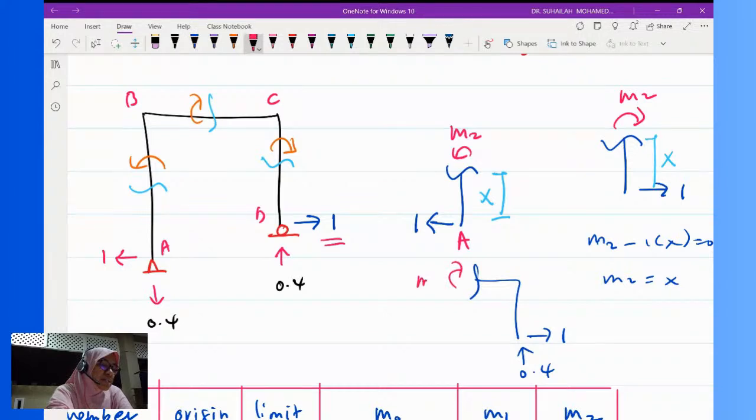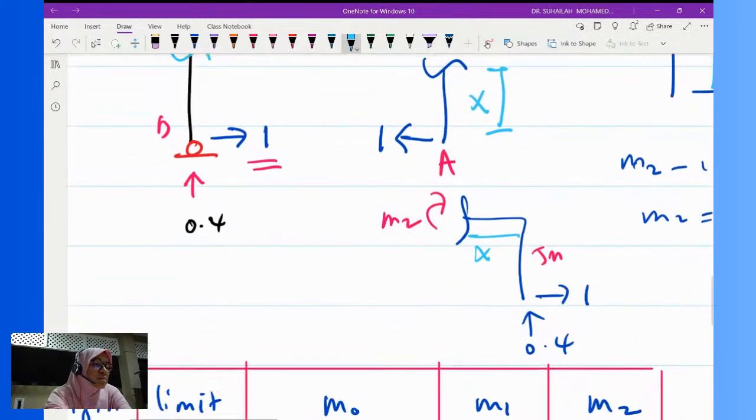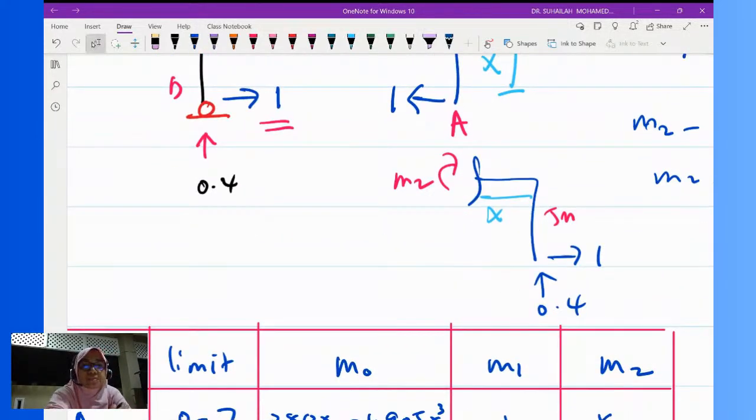Moment clockwise, this is M2. So this one is 5 meter, 1 times 5, and 0.4, we have to times x.